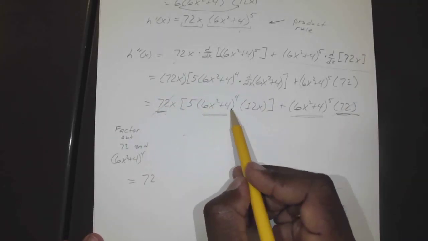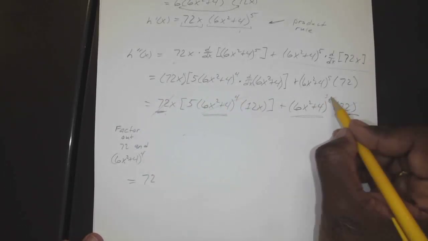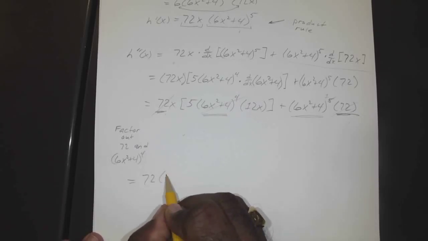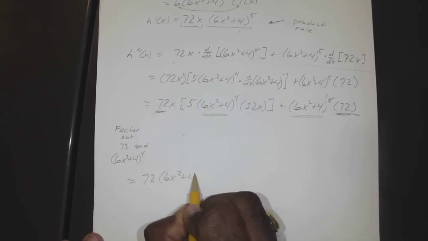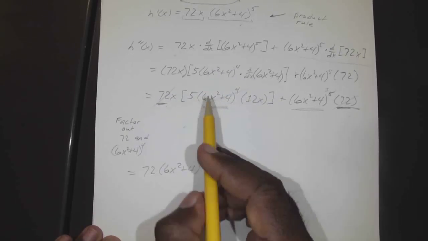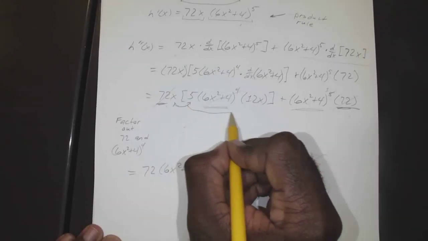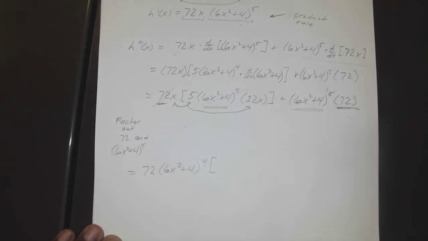And 6x squared plus 4 to the 4th, factor out 4 here, and that drops that down to 1. The only thing left here is 5 times x times 12x, which gives us 60x squared.